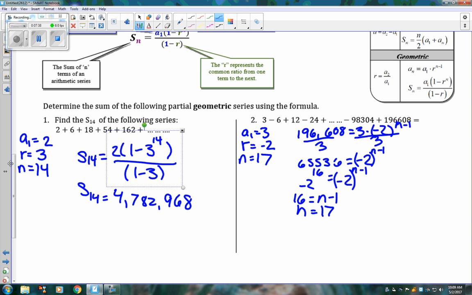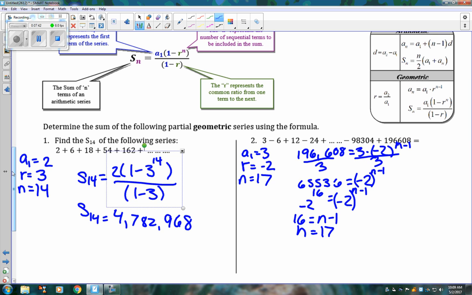Since r is -2, well, right here, yes, it would be plus. But here first, you have to do -2 to the 17th power first because of order of operations. Does that make sense?